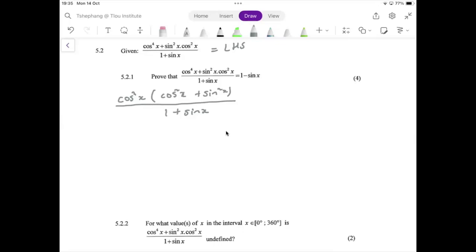Okay, now once we have that, we can say cos squared x into 1, over 1 plus sine x, because cos squared x plus sine squared x gives us 1.